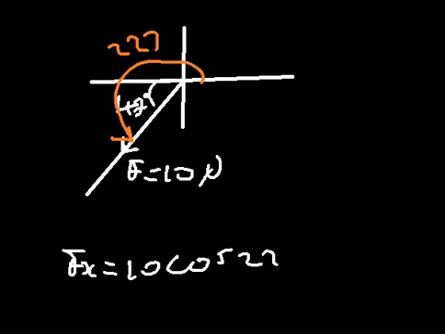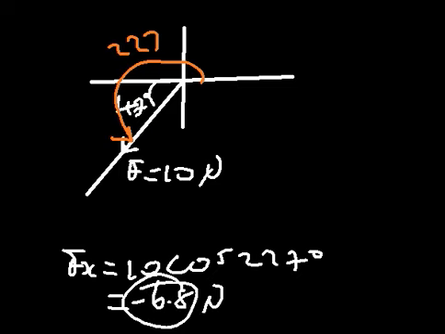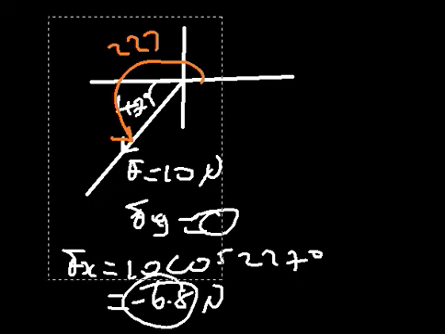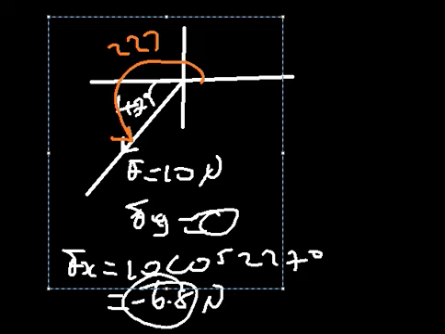That is now negative 6.8, as we had it before, negative 6.8 newtons. Also try that on Fy. Fy is also the same way. So that's the beauty of this method. And what if you have this case?